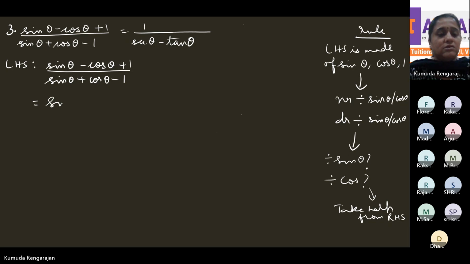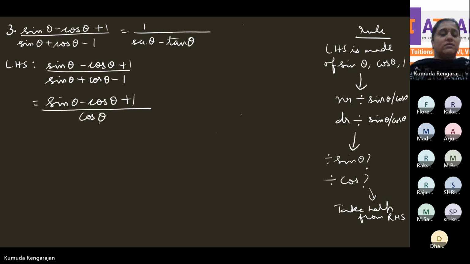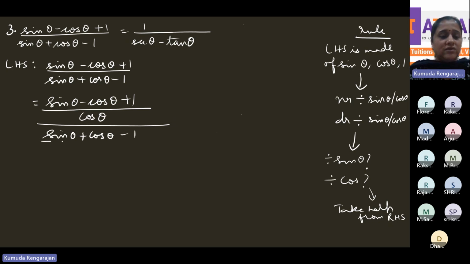So sine theta minus cos theta plus 1, first you should put the whole thing divided by cos theta, divided by sine theta plus cos theta minus 1 divided by cos theta.